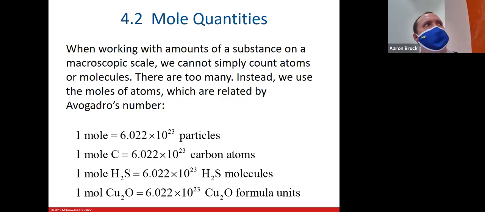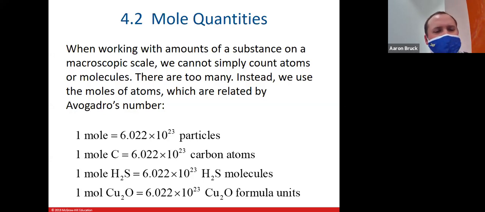In the chemical system, a mole is a collective counting object that describes 6.022 times 10 to the 23rd objects. Now, why that number in particular? Well, that is based upon a particular definition.